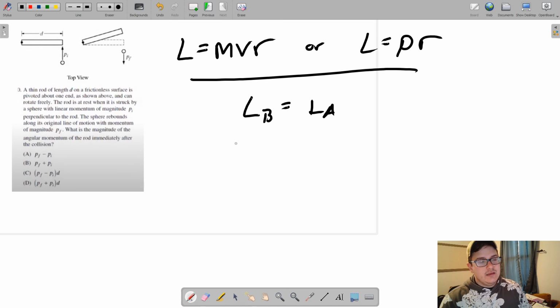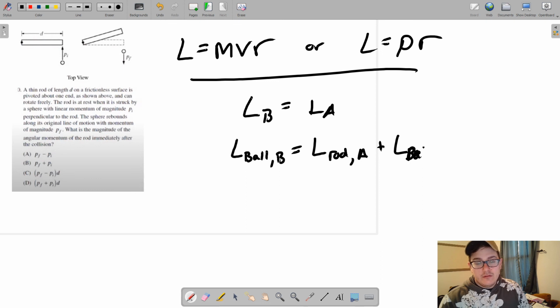So we're going to say that the angular momentum of the ball right before the collision equals the angular momentum of the rod after the collision plus the angular momentum of the ball after the collision. You could say you have the angular momentum of the rod before, but it's not moving, so this comes out to 0.